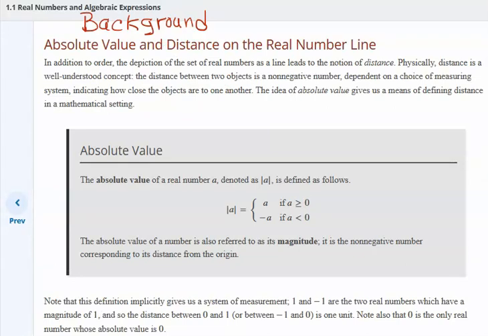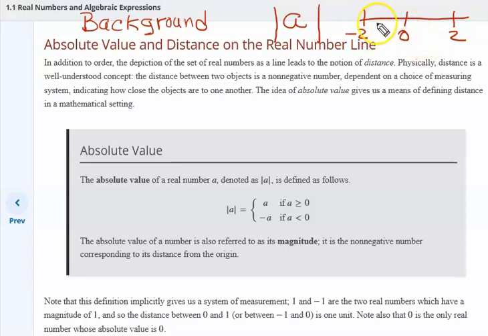Another background item is absolute value. Now, we write absolute value of something by using vertical lines to either side of something. And we say the value of this, and the way they defined it is its distance from 0. Now, here's where 0 is, and let's say there's a 2, and there's a negative 2.